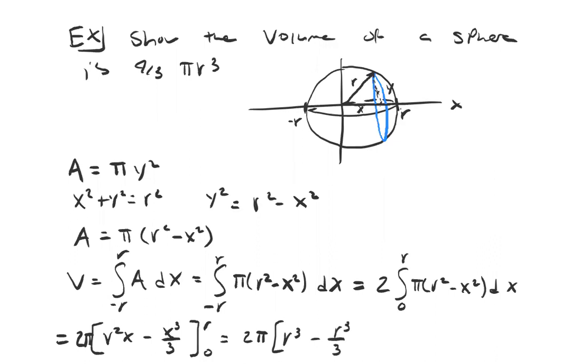If I subtract off, plugging in 0 here, I just get 0, so I'm left with that. So this is 2 pi times r cubed minus r cubed over 3, which is 2r cubed over 3. This ends up being, when you simplify, 4/3 pi r cubed.